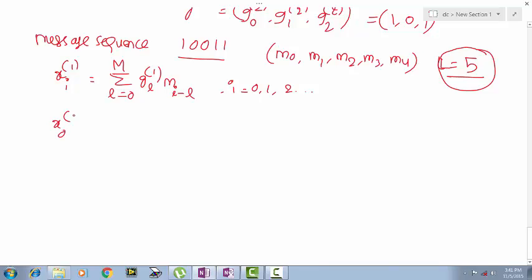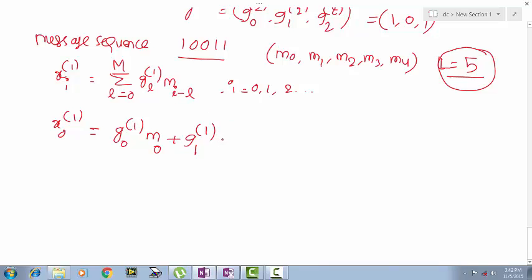So x_0 of 1, that means the first bit of output 1, is equal to sigma L equal to 0 to M. So what is M here? We are having two memory elements. So capital M is the number of memory elements. So L equal to 0 to M, so first L starts with 0. So G_0 of 1 m_0, i value is 0, 0 minus L means 0 minus 0, 0, plus G_1 of 1, next i value is 0, L value is 1, minus 1.